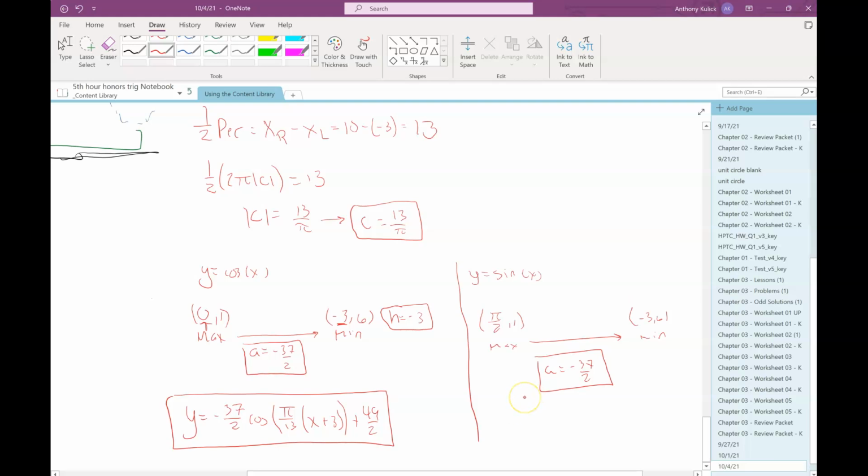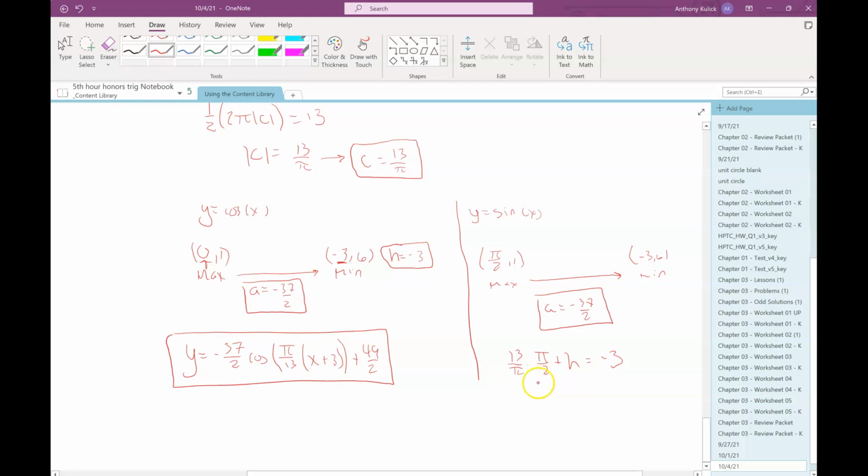And to find my h now, I'm going to take my c times the x-coordinate from my parent function plus h has to equal the x-coordinate from my transformed function. So that's 13 over 2 plus h equals negative 3. So if I subtract 13 over 2 from both sides, h would have to be negative 19 over 2.